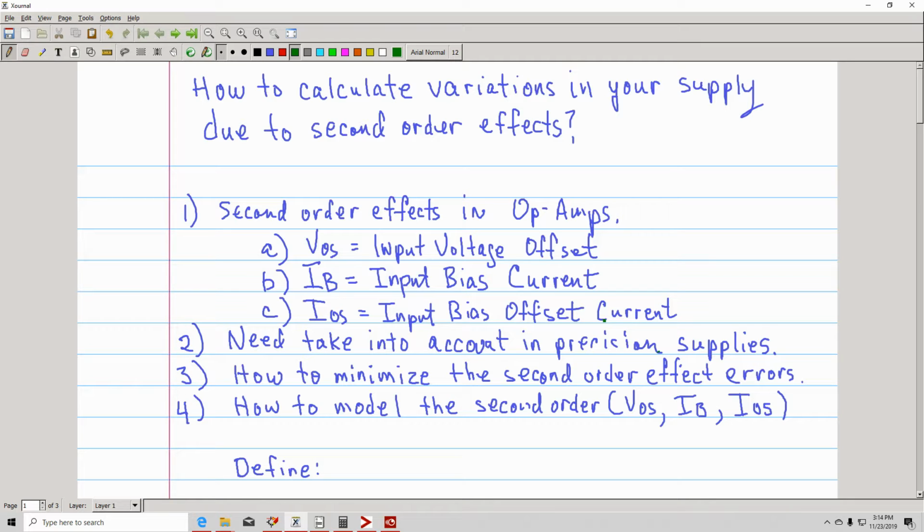In this video, I'm going to show how to calculate variations in your power supply due to second order effects. Now this is a very important subject.